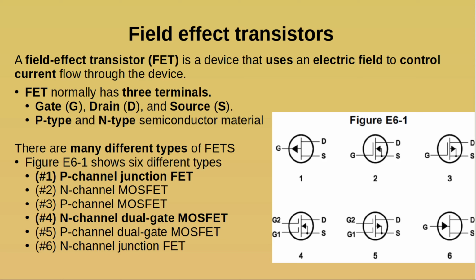It has two versions also, a P and an N. There's also dual gate down here at 4 and 5. I don't know much about those. And the last one down there is an N-channel FET. Just like bipolars, they're made out of the same P and N type semiconductor material.